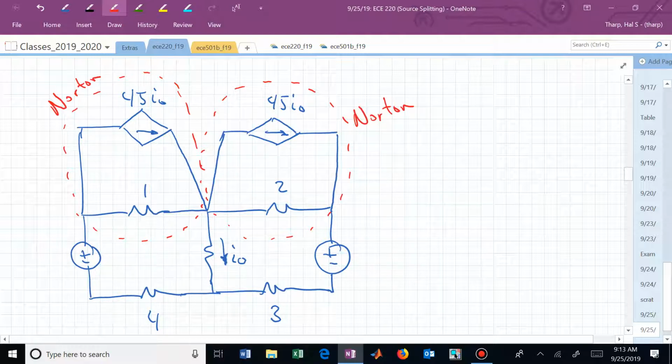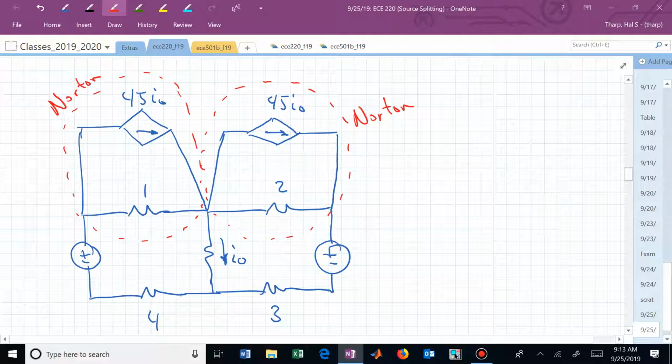I've now created two Nortons, but do you see if I could replace that parallel source with a series source, I would now have a series source in series with that 1 ohm resistor and another series source in series with that 2 ohm resistor.